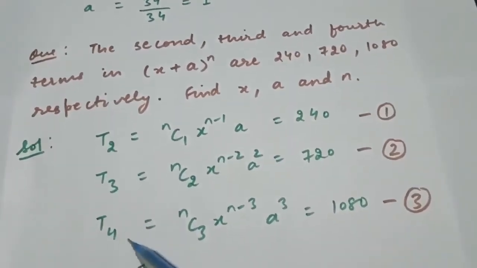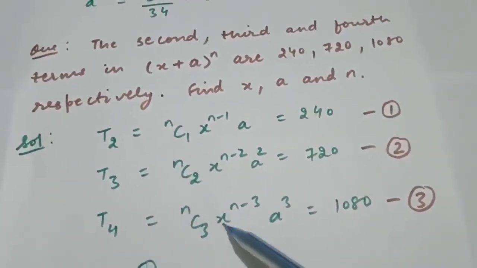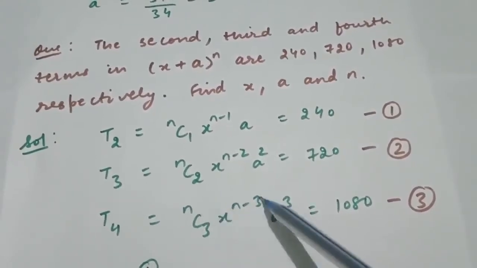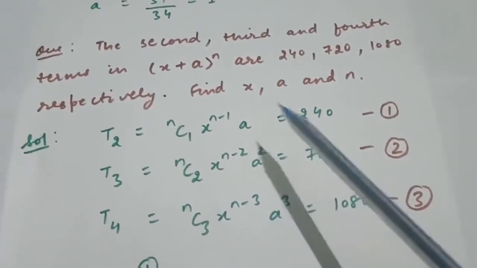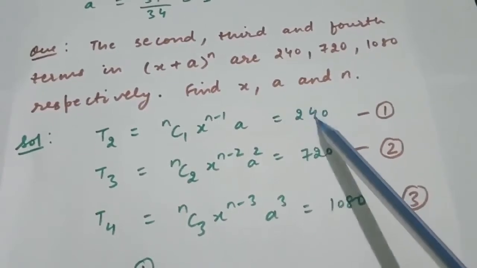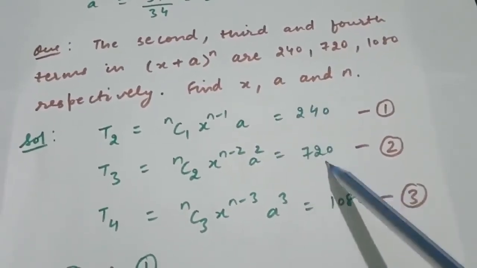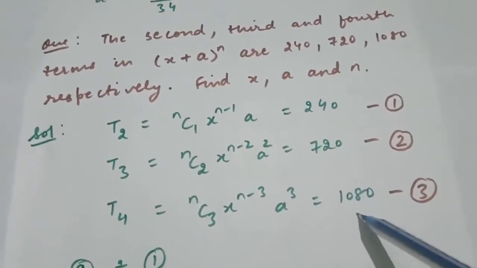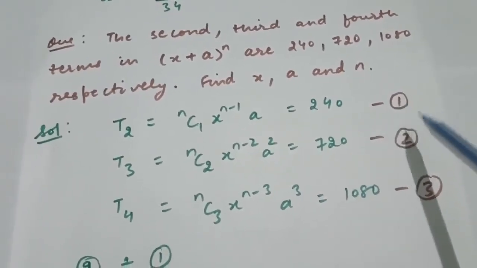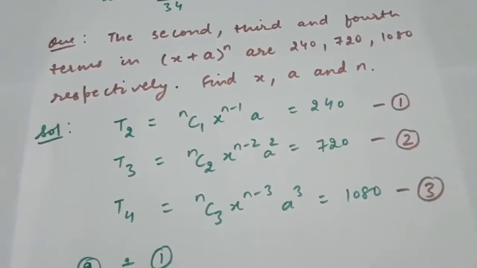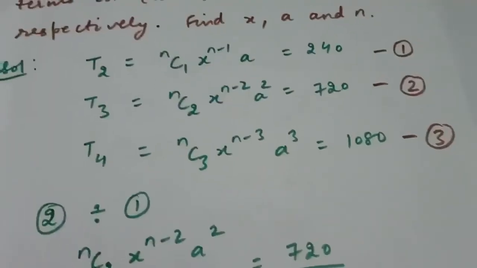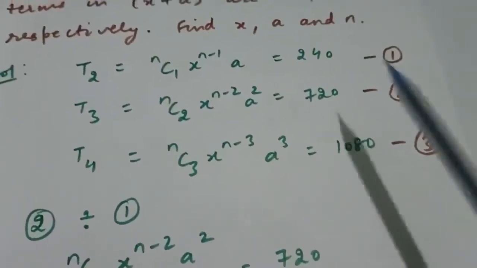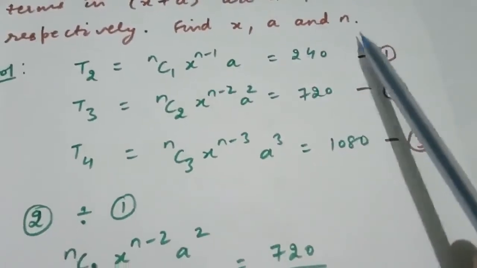T4, that is the fourth term, will be nC3 * x^(n-3) * A^3. Now the second term is given equal to 240, the third term is equal to 720 and the fourth term is equal to 1080. Let these be first, second and third. So using this information we have to find the values of x, A and n, right?